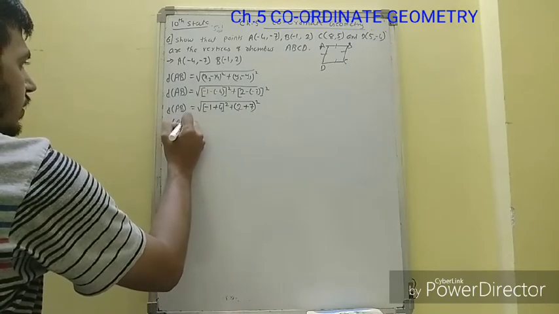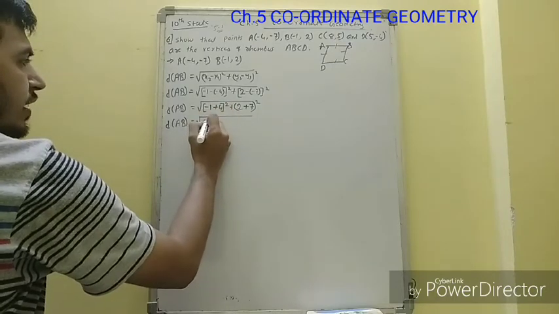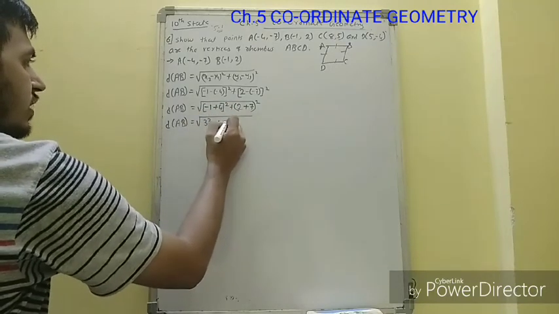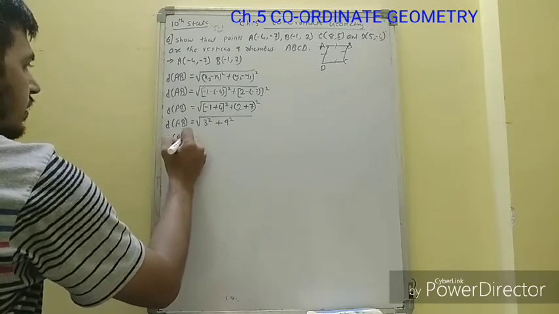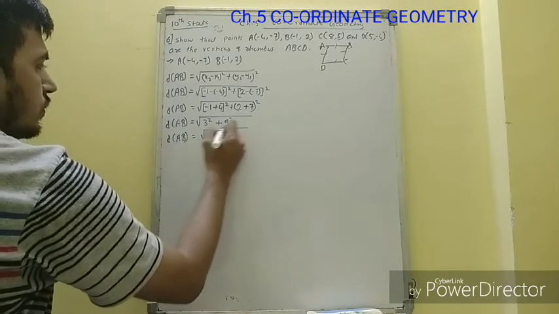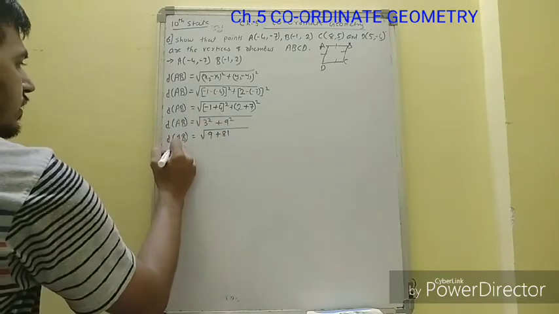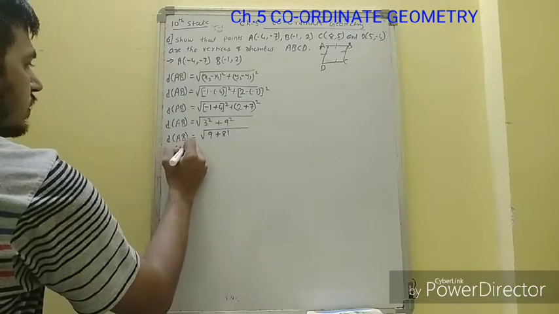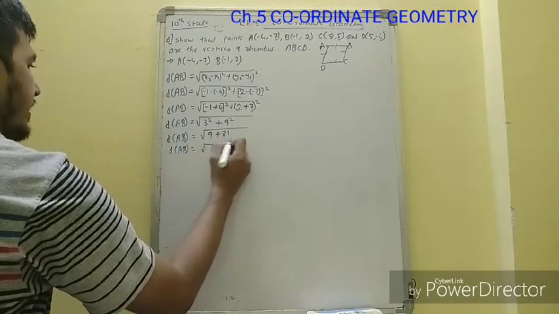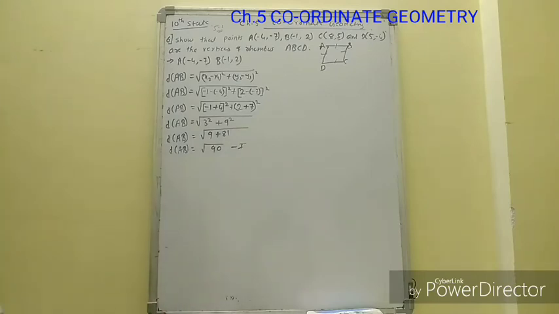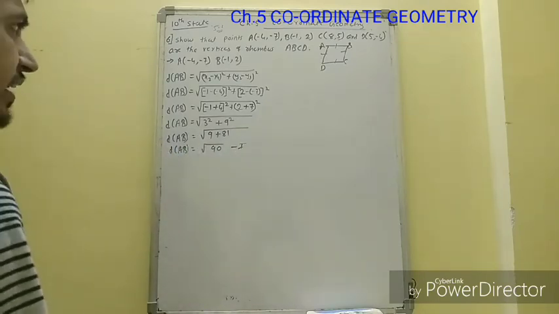Distance AB is equal to 3 square plus 9 square. 3 square is 9, 9 square is 81. Distance AB is equal to the square root of 90, which can be written as 3 root 10, but we will keep it as it is.